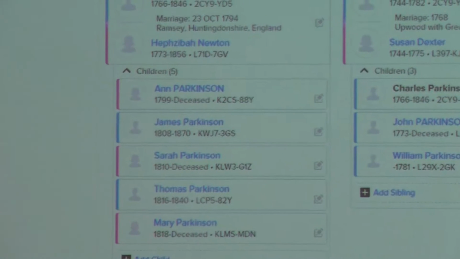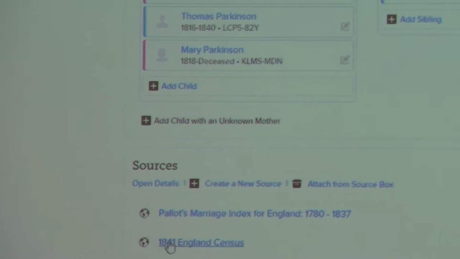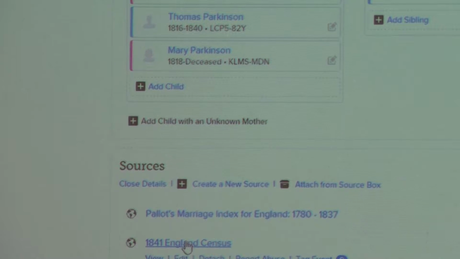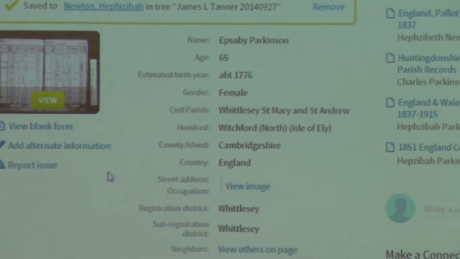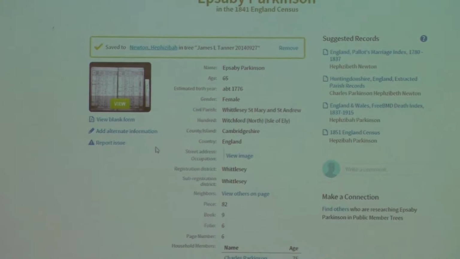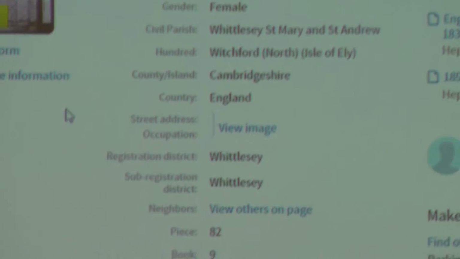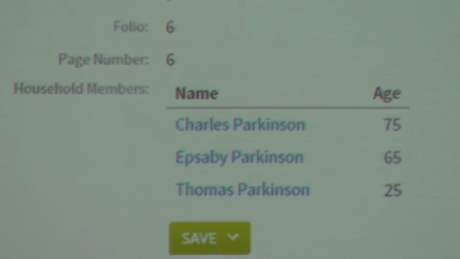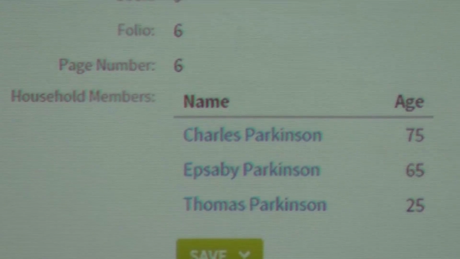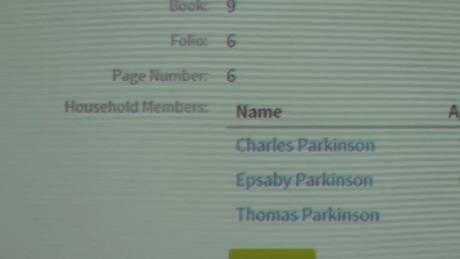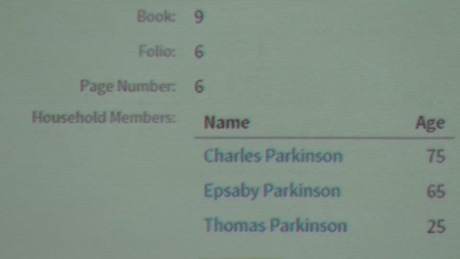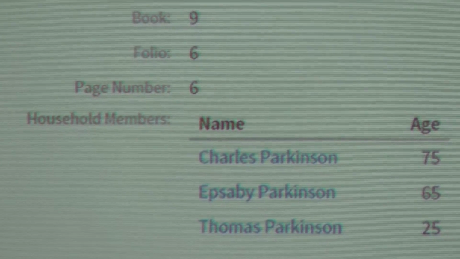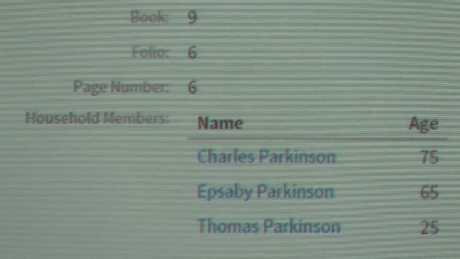Well, I did. So I came in here and I found an 1841 English census, and it came up in Ancestry.com. It showed his wife, whose name was Hepzibah Newton, and of course the census taker totally misunderstood what she said and wrote it down as Epsiby instead of Hepzibah, which she probably couldn't say correctly anyway, because we had probably never heard anybody say it correctly.